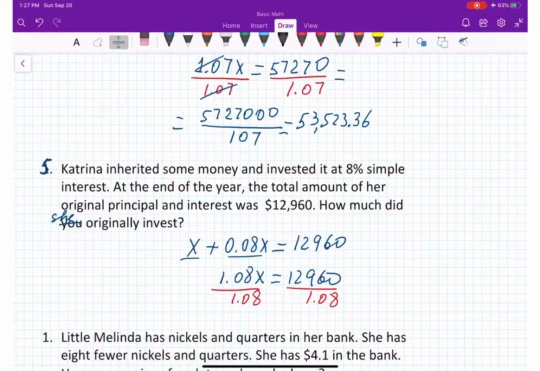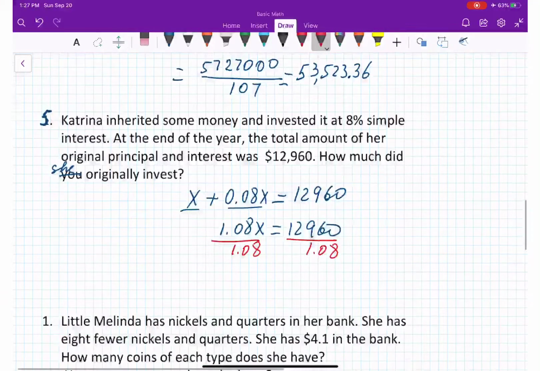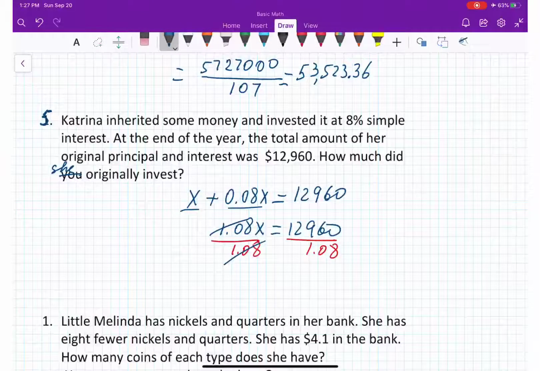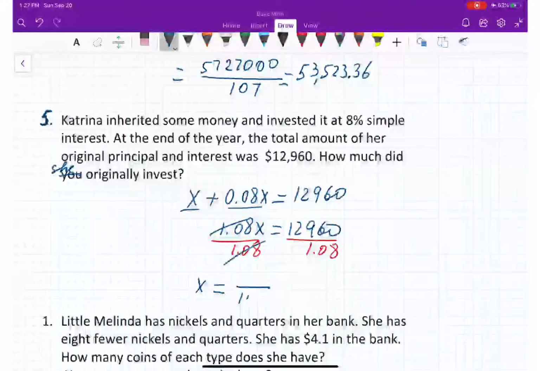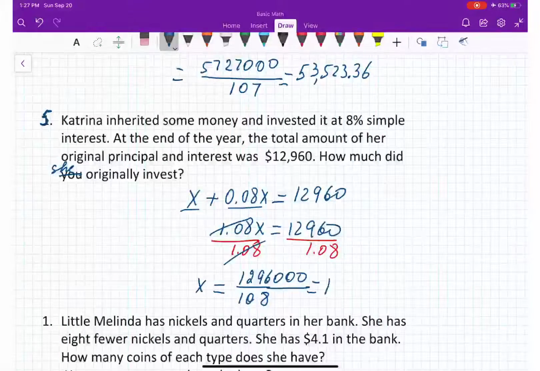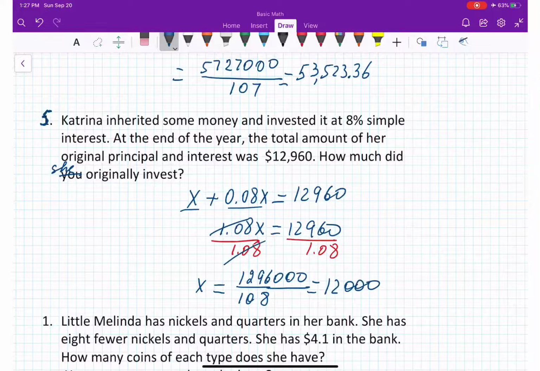And this is canceling, this is canceling, and X is equal to... practically we have 1.08, I'm moving by 2 positions. Here also adding 2 zeros, and the answer is going to be 12,000. Okay.